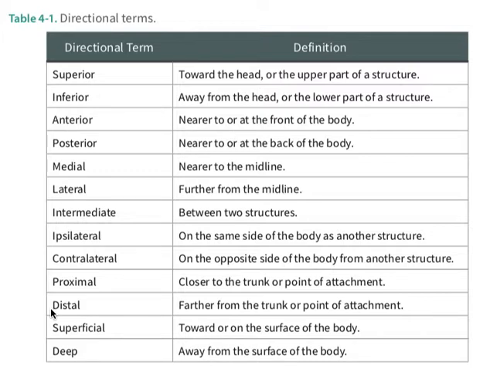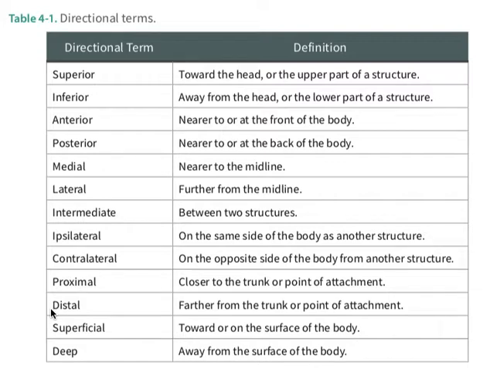The tarsal region would be distal to the patellar region. The patellar region is proximal to the tarsal region because the patellar region is closer to the attachment point. But the tarsal region is distal to the patellar region.